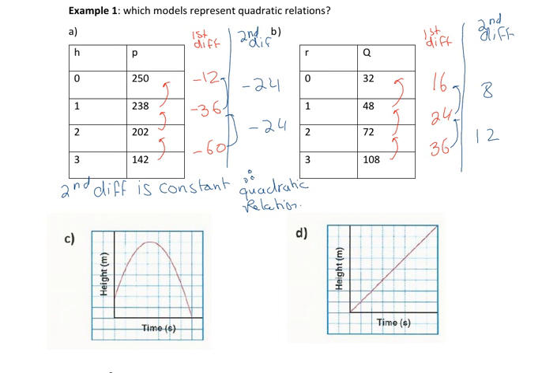No. The second difference is not constant. Therefore, it is not quadratic.